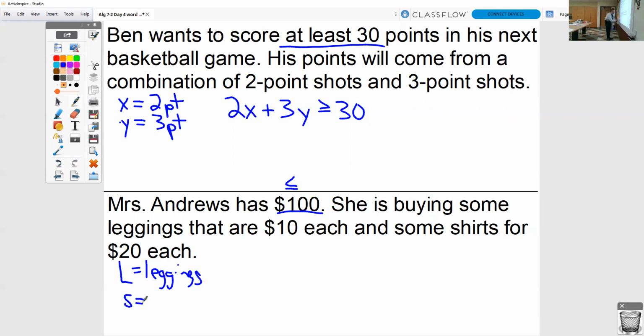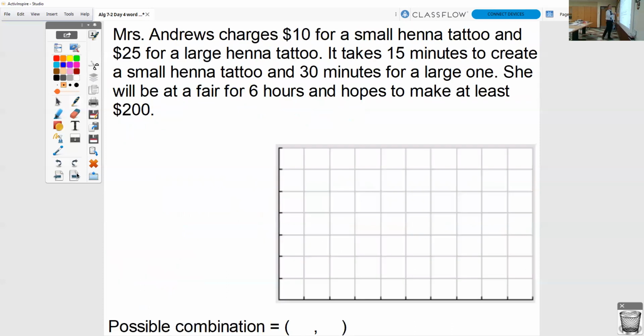Make sure that your uppercase L doesn't look like a 1 and your lowercase s does not look like a 5. So $10 times the number of leggings plus $20 times the number of shirts is less than or equal to $100 because that's all that she has. This one didn't specifically tell you which symbol to use, but the context of the question lets you know what symbol to use.